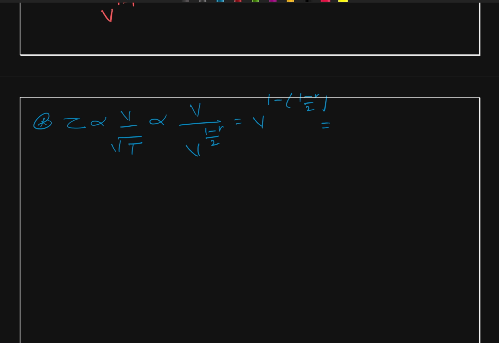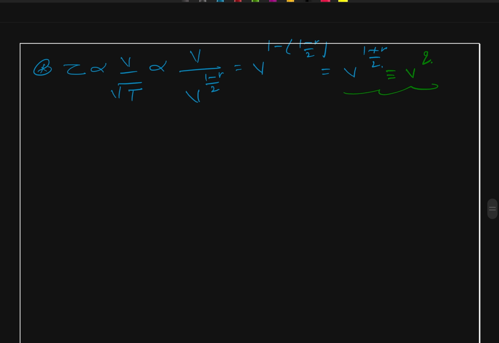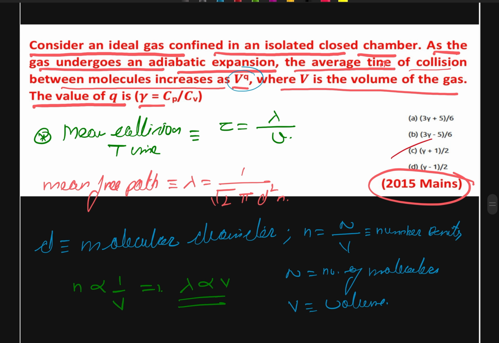And this gives us V raised to (2 minus 1 plus gamma), or we can say (1 plus gamma) upon 2. And we are given that this is equal to V raised power Q. Therefore, we can say that our Q is equal to (1 plus gamma) upon 2. Option C is correct.